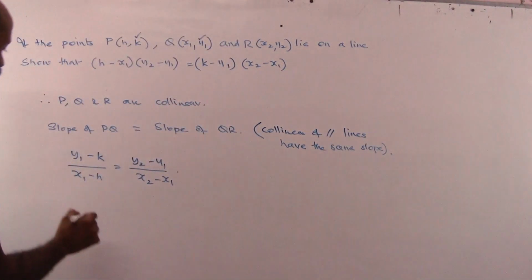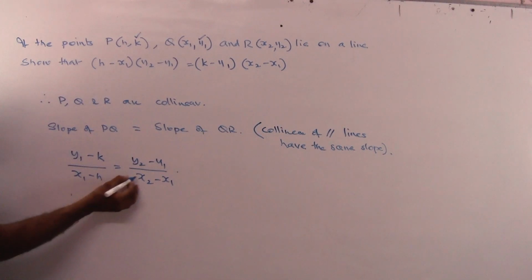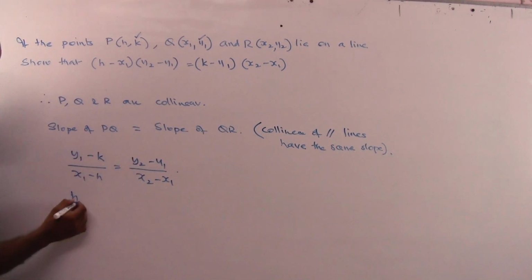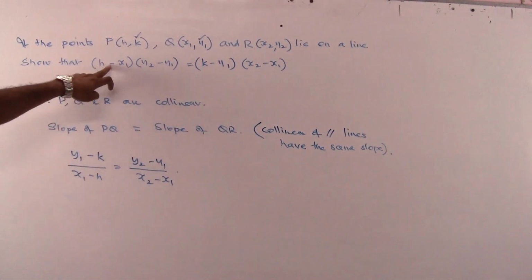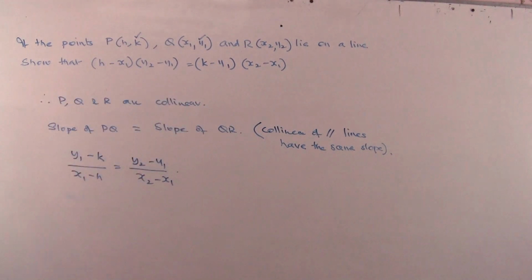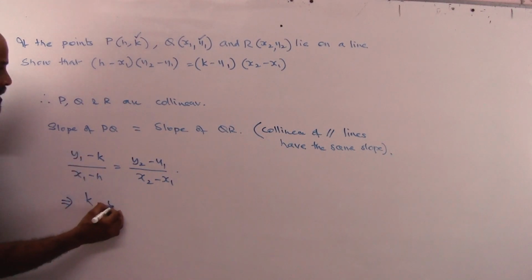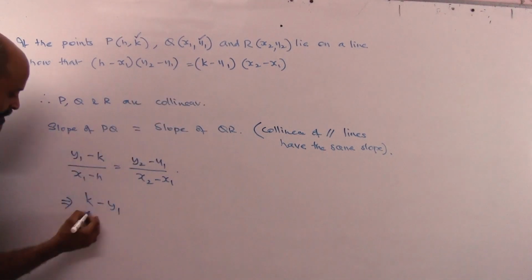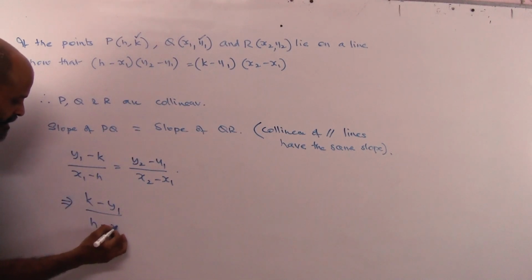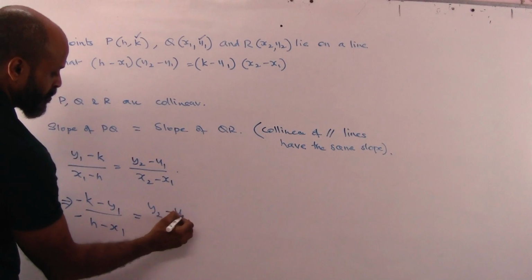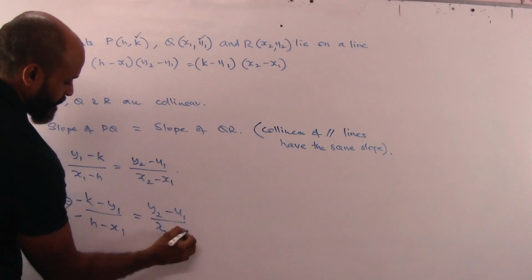So we have here y2 minus y1 into, so this will be h. So in this case we have it this way. So can we basically take minus common here, k minus y1, because we are seeing this here, k minus y1, h minus x1, we have taken minus common from both the sides. So this will be y2 minus y1, x2 minus x1.